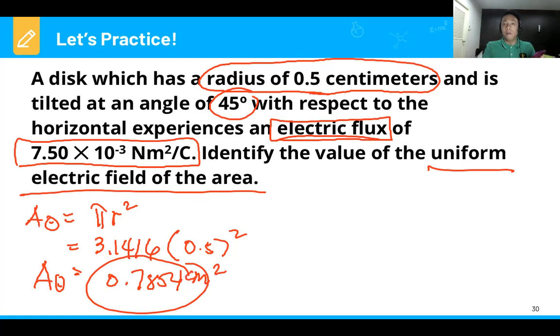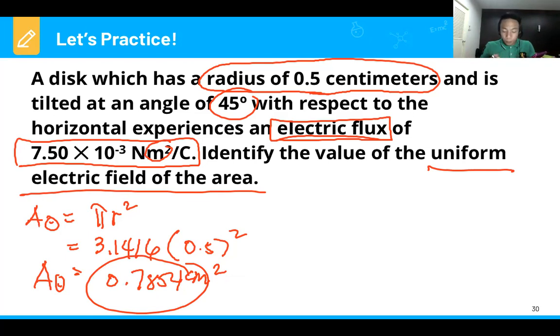Yan, pangalawang problem na naman. We have centimeters, pero meron tayong meters. So we need to convert that into meters again. So ang 0.7854 in meters, we will just multiply it by 100. Correct?